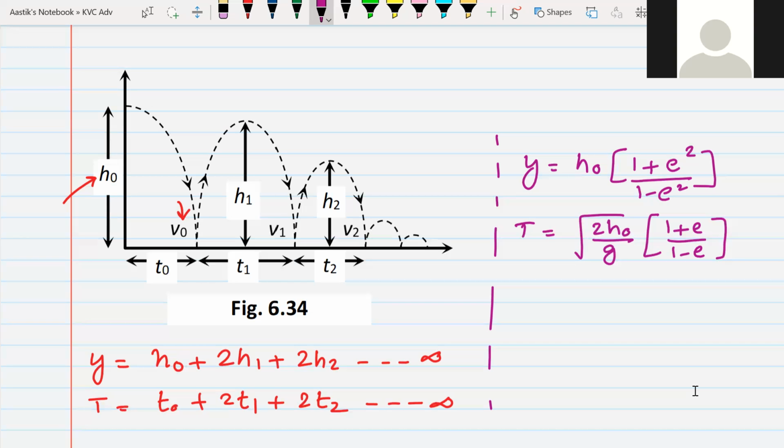Done, sir. Everyone done? Yes, sir. So we'll move quickly on to oblique collisions.